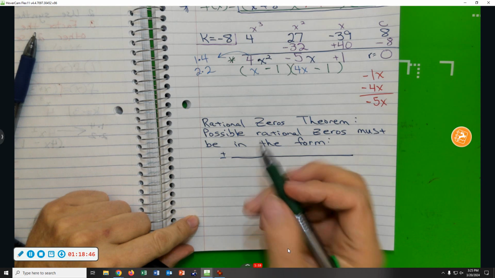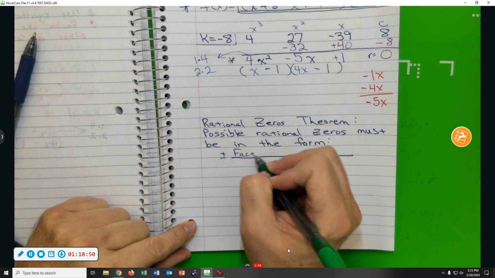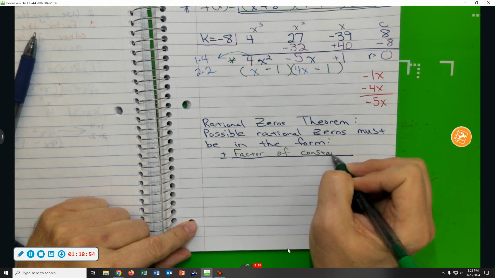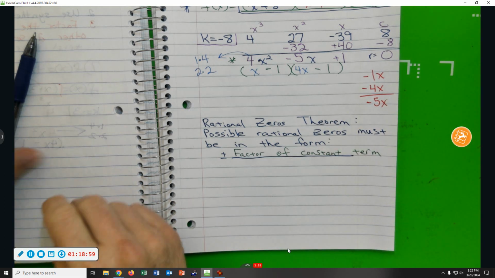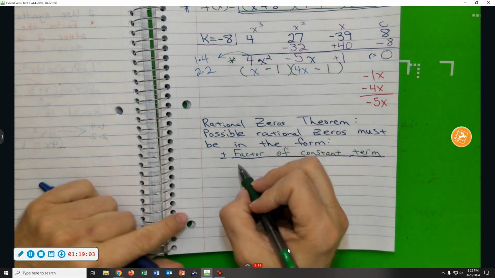On the top, the number on top must be a factor of the constant term. In the bottom, has to be a factor of the leading coefficient.